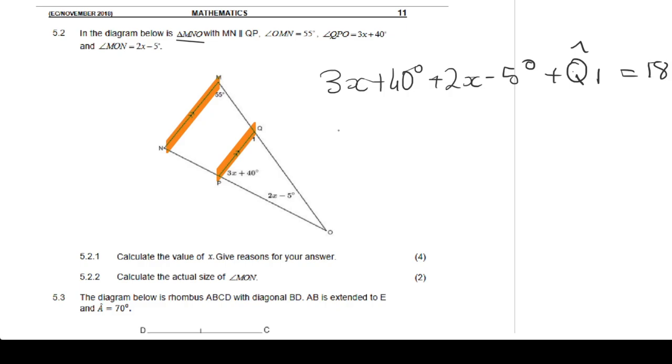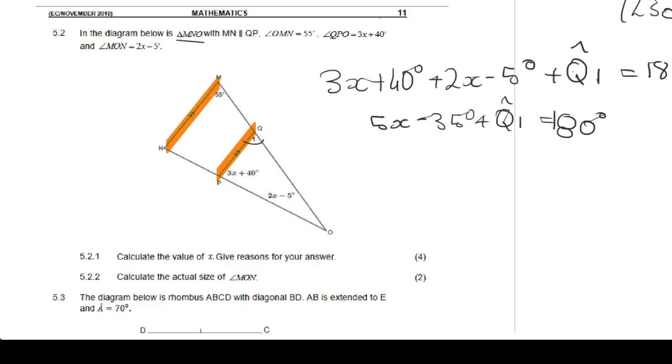So let's simplify this. 3x plus 2x is 5x. 40 minus 5 is 35 degrees. But we don't know what Q1 is, right? 180 degrees. The reason here is because of angles of a triangle, right? Let's try and figure out what Q1 is.